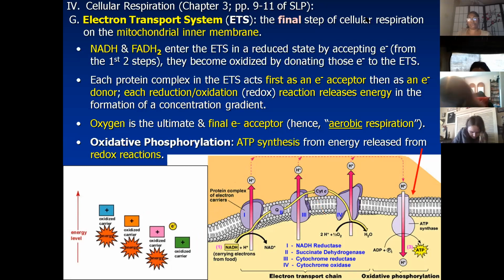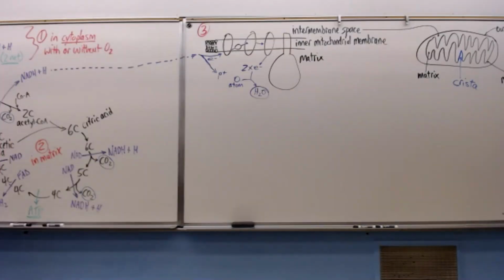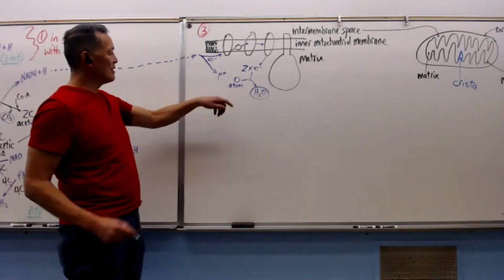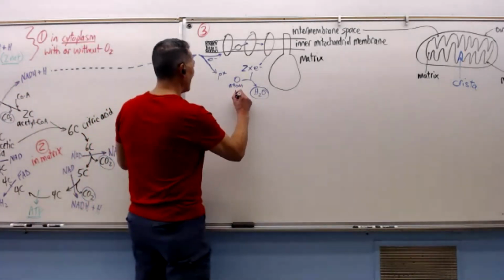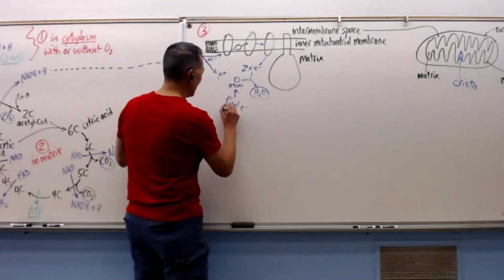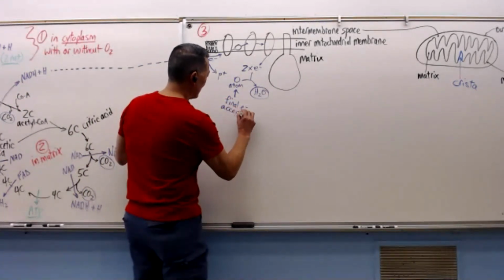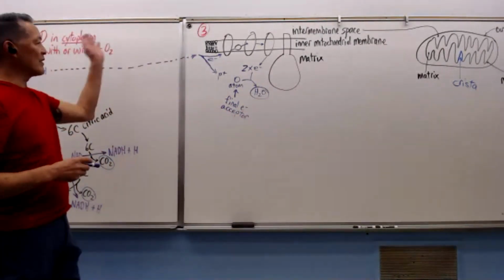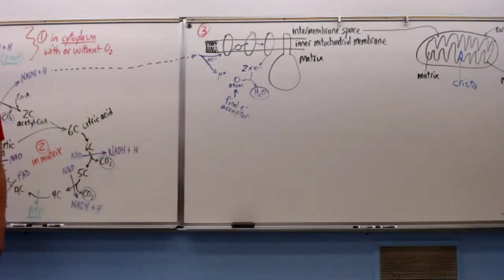So an oxygen atom is the final electron acceptor. So it oxidizes everything else, which is where we get the term oxidation from.